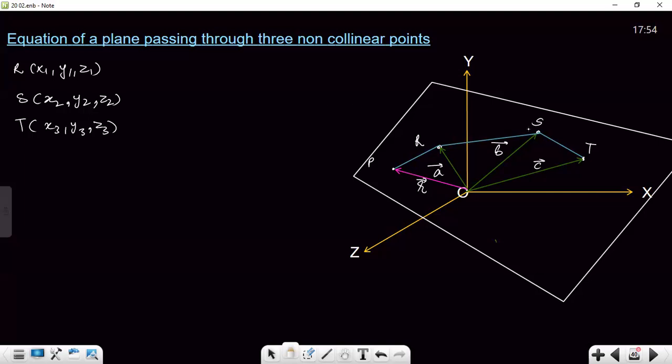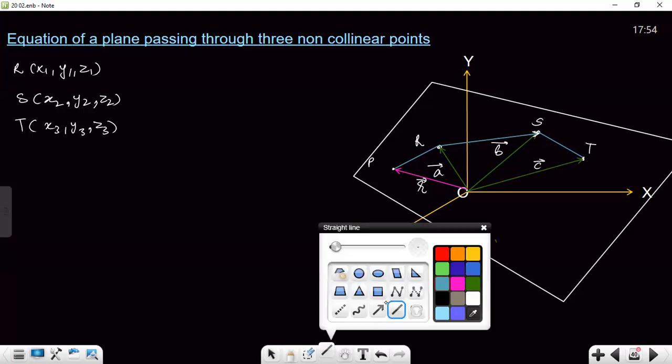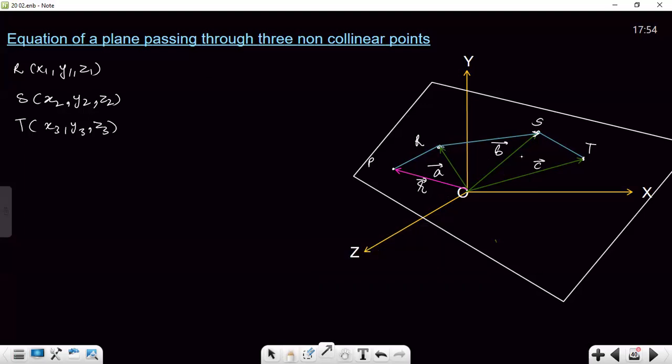If I say RS vector, this vector is lying on the plane, the blue ones. If I say RT vector, from R to T, this vector is lying on the plane. If I say RP vector, R to P, this vector is also lying on the plane.